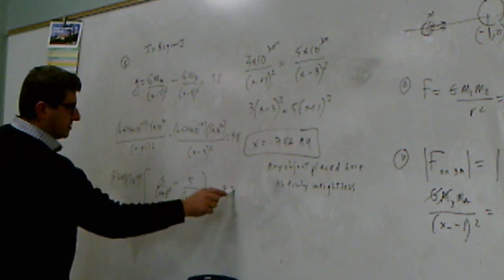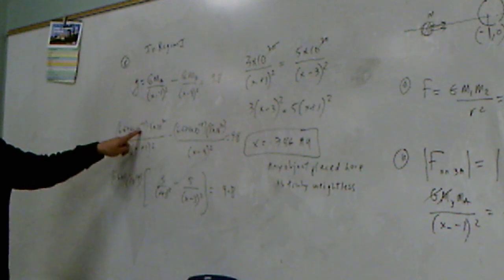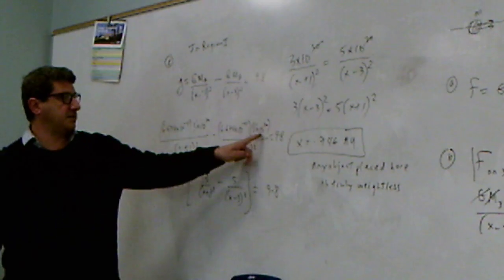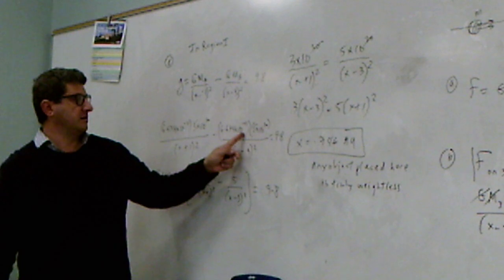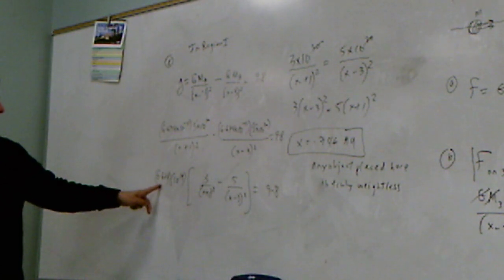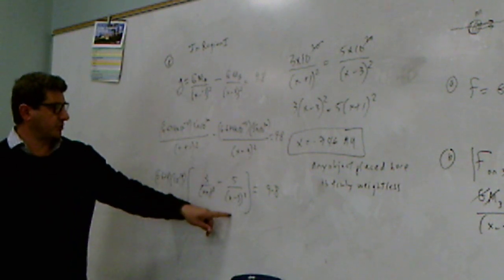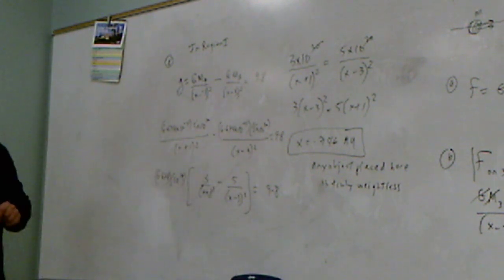That's equal to 9.8. Because this 10 to the 30, 10 to the minus 11, that's 10 to the 19th, and then there's another 10 to the 19th there, so that factors out. Then the 6.674 factors out. Then you just have the 3 over this minus this over this, that's equal to 9.8.